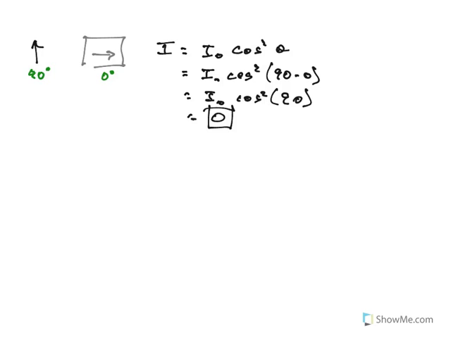What would happen if I took exactly the same situation, but this time I put another polarizer in the way? And I put that polarizer at an angle of 30 degrees, let's say. So if we think about it, okay, well, I start with light here. That light is completely blocked by this piece over here.